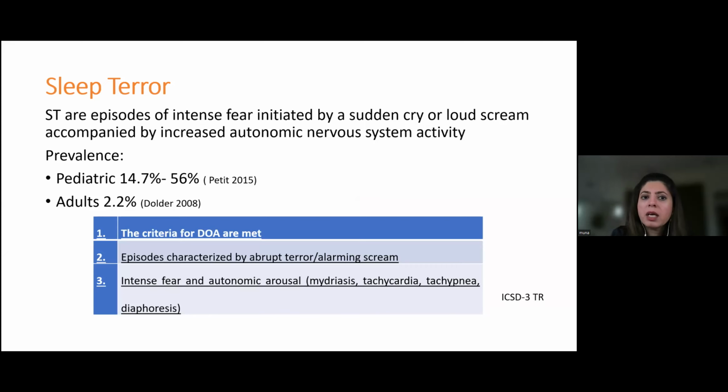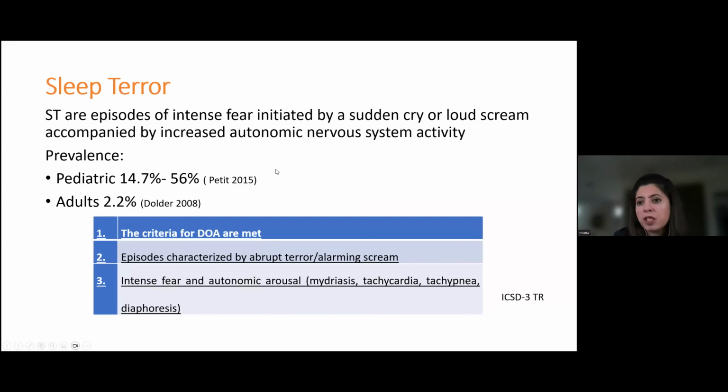Sleep terrors are episodes of intense fear. It will appear as if the person is awakening with a sudden cry or loud scream and really inconsolable crying. This one is associated with autonomic nervous system activity, so they will have tachycardia, tachypnea, and dilated pupils.